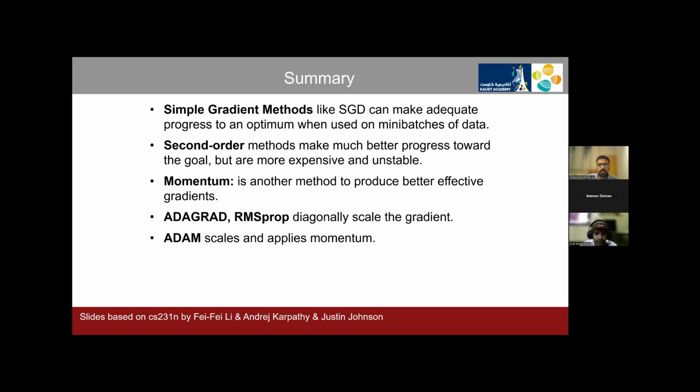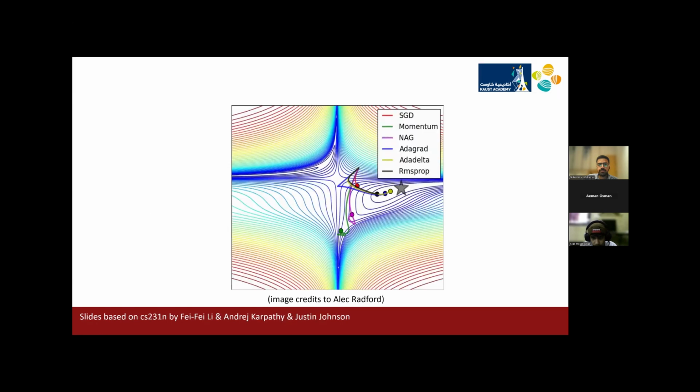This is just another example. You see how momentum goes towards the wrong direction, but RMSProp and AdaGrad are much better towards that.